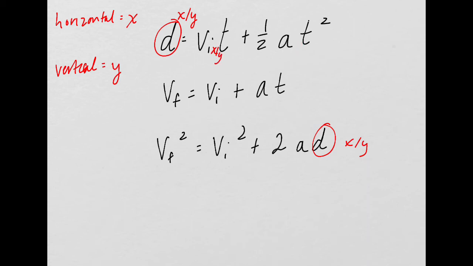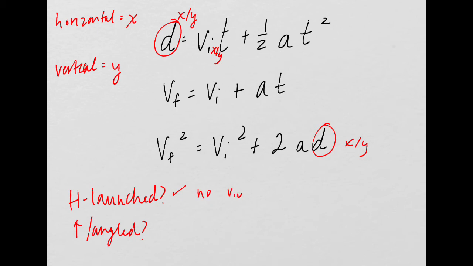And then you're going to have to determine, am I looking at a horizontally launched, or upward angled projectile? If it's horizontally launched, remember when we're finding the vertical component of motion, we're going to have no VIY. There's no initial vertical velocity.